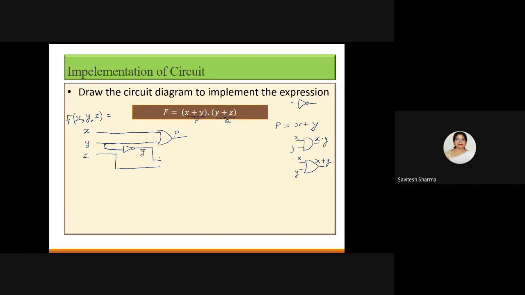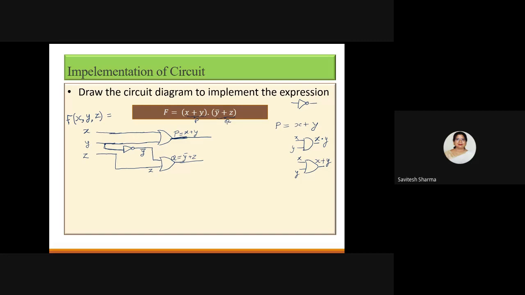So again you will take another OR gate and you will join y bar and z, and it will give you the output Q. Another term you converted into hardware.